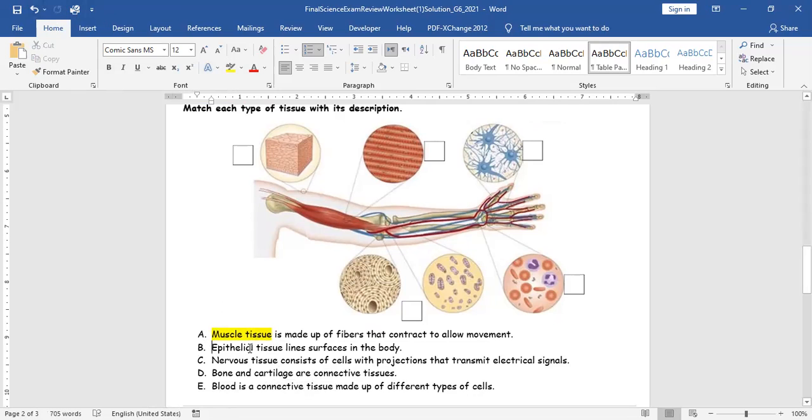Muscle tissue, epithelial tissue. Epithelial tissue is the tissue of the skin. Connective tissue such as bone, cartilage, and blood.